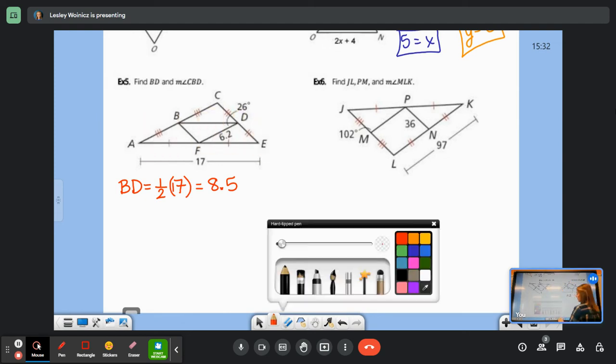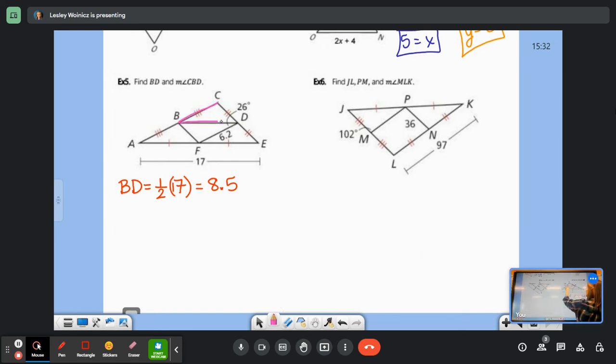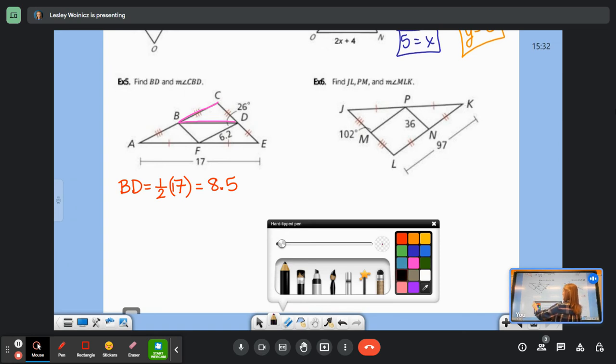This part is a little bit more exciting. We have to find the measure of angle CBD, given that this angle here is 26 degrees. CBD is this one. Let me do this one in pink. CBD is this one. Okay, so we're going to extend some lines.